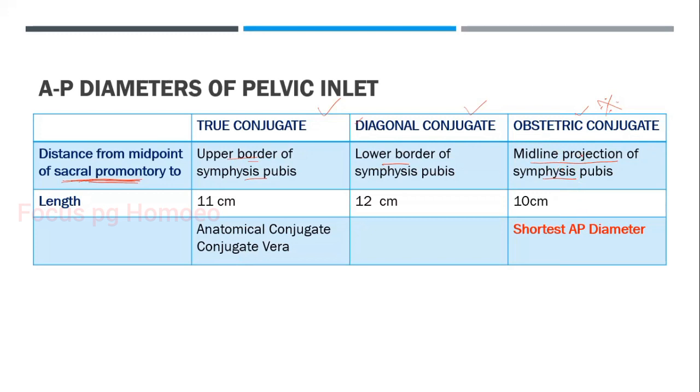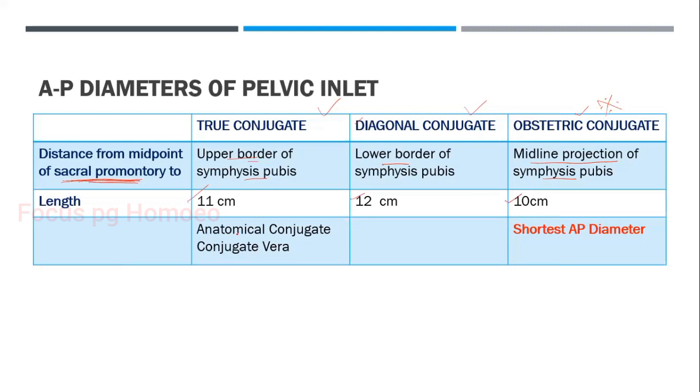It is the midline projection of symphysis pubis. So sacral promontory to upper is true, lower is diagonal, and midline, in between, is obstetric. Now, what is the length of the true conjugate? It is 11 centimeters, diagonal is 12, and obstetric is 10 centimeters.